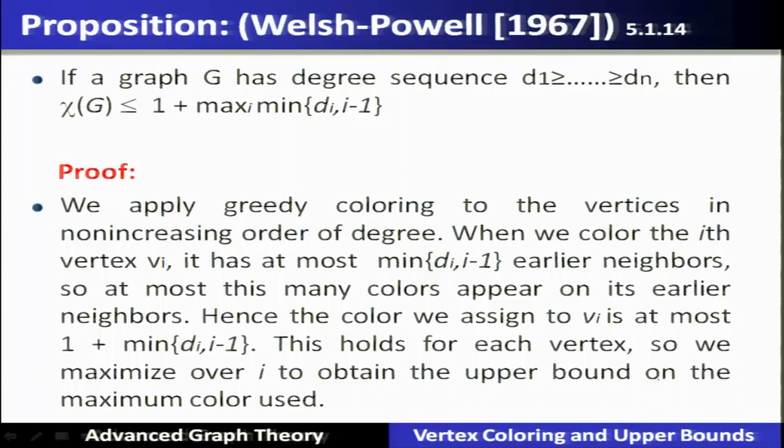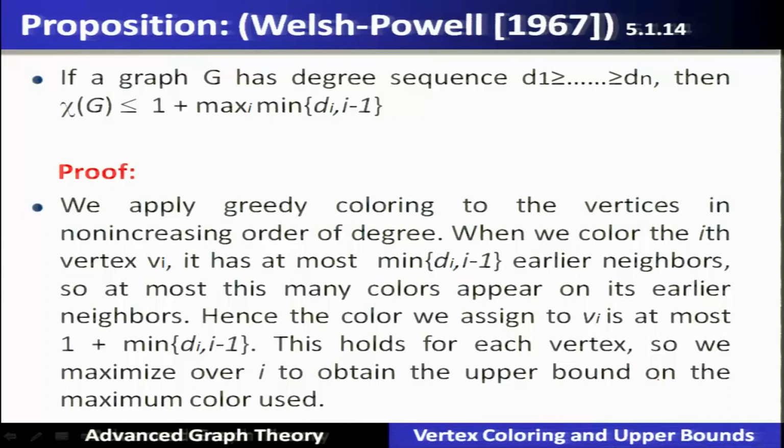Let us see this particular heuristic, which is given by Welsh Powell, and hence the proposition which will give you a further modification in the bound. So, if a graph G has a degree sequence, d1 is greater than or equal to d2 is greater than or equal to, and so on up to dn. That means non-increasing order of the degree sequence of a graph. That means vertices are ordered in this particular degree sequence.